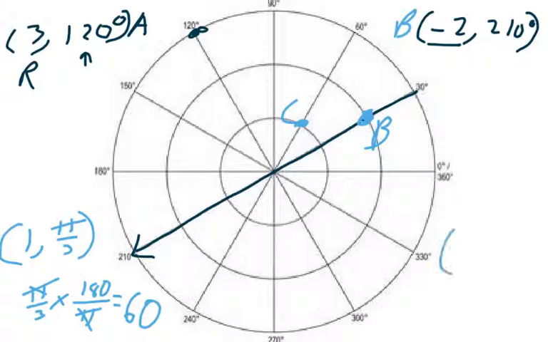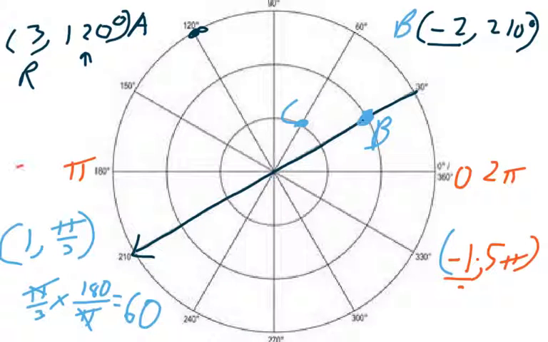If I had 5 pi, actually I need to make 5 pi equal to the angle, and then I got negative 1. Let's do negative 1. So 5 pi, well, if we think about it, if that's 0, that's pi, that's 2 pi, that's 3 pi, and every odd number of pi is going to be over here, including 5 pi.